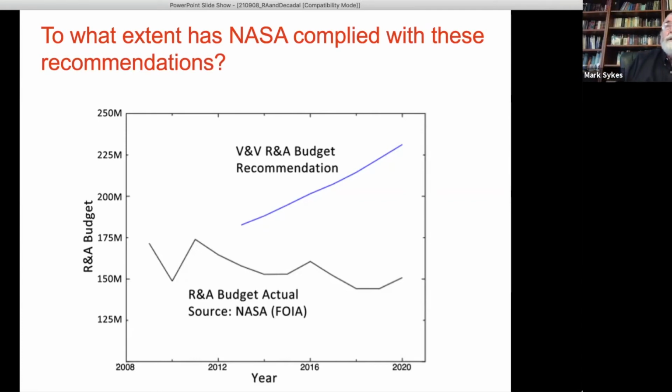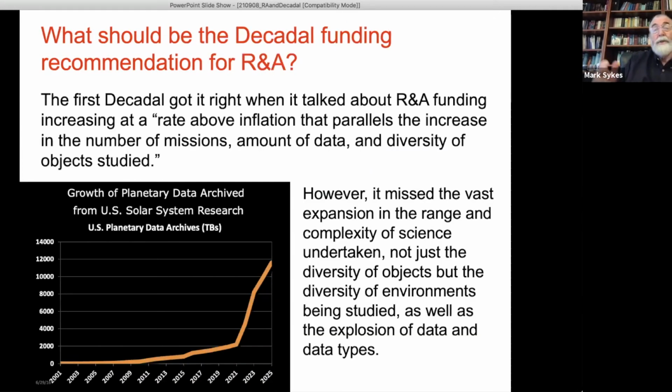This was the first year of 20% selection rates. And it was because of this effort to cover the MSL cost overrun, and money was not put back in these programs. And then things have only declined since then. So, interesting historical note. So the question is, what should the decadal funding recommendation be for RNA?